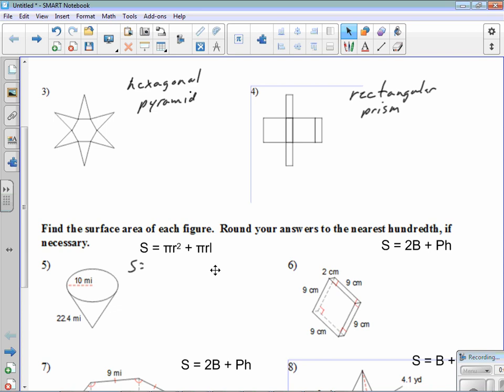So surface area is going to be pi times r squared, which is 10 squared, plus pi times 10 times the slant height, which it gives us as 22.4. It's going to be 100 pi plus 224 pi.